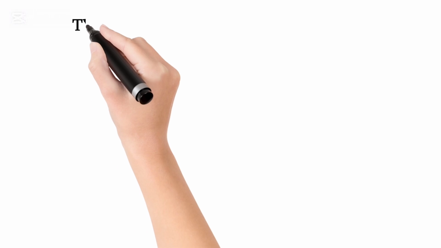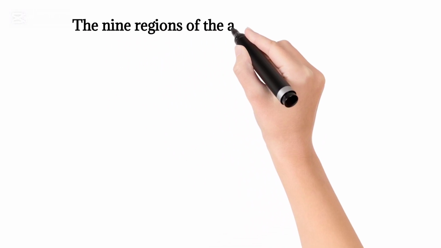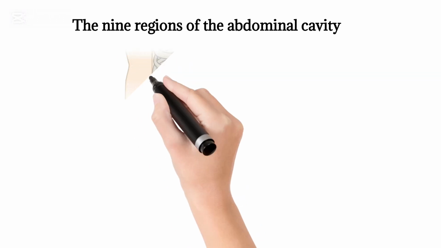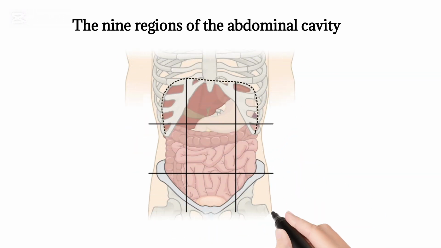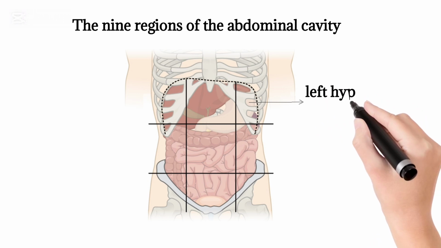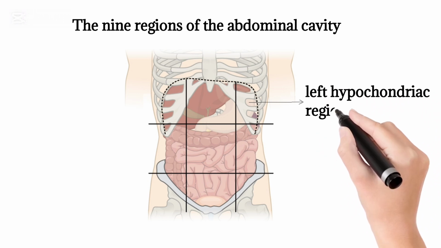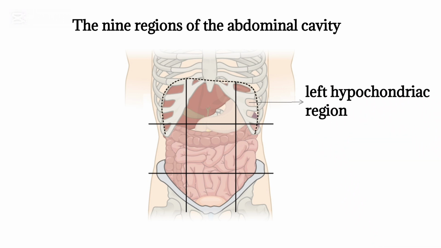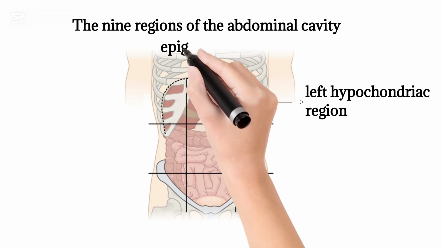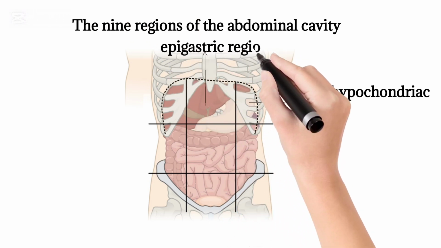We move on to the regions, which are 9. So this diagram also shows the 9 regions of the abdominal cavity. We have the left hypochondriac region, the epigastric region, the right hypochondriac region.